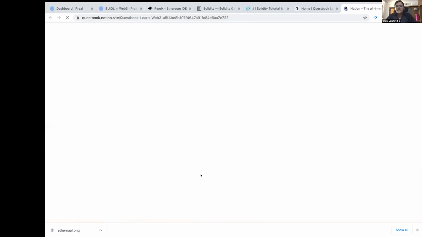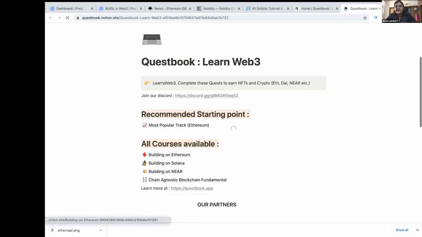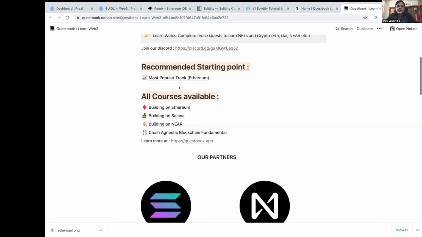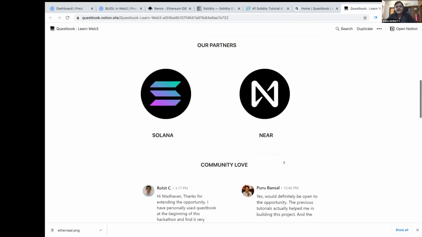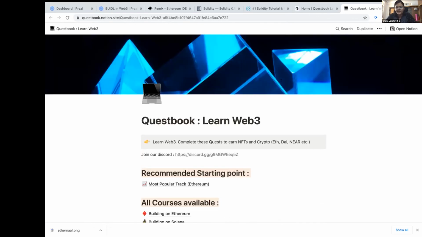Yeah, so you have quests where you can write Solidity programs, where you can write Solana programs, so you can see these are quests associated with the Web3 ecosystem. You have, of course, the most popular Ethereum track, then you have the Solana track, you have the Near track, etc. So you can do these quests, and of course, you can earn some quest tokens, but also you get to learn how to build in the ecosystem.